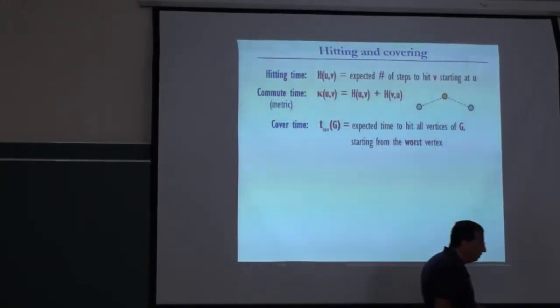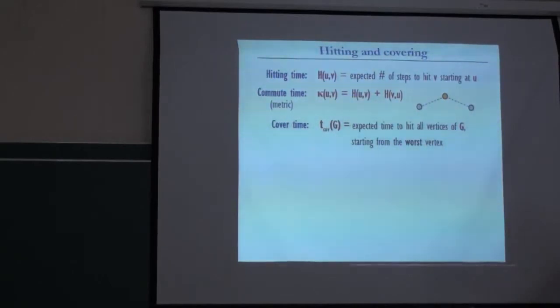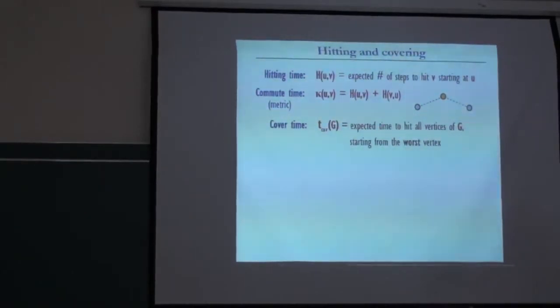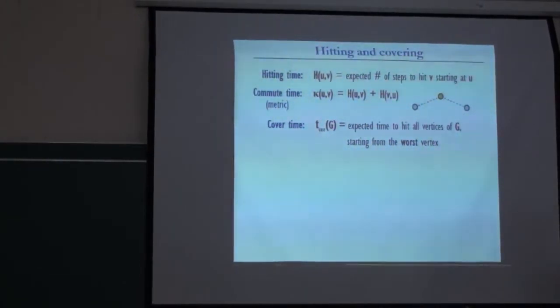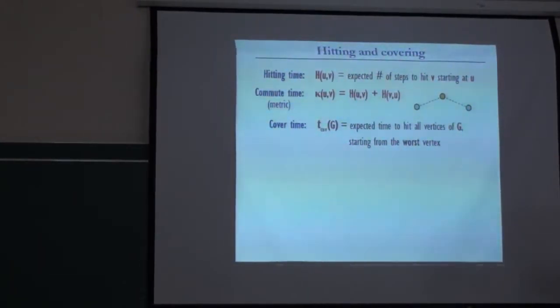So obviously the hitting time from u to w is bounded by the hitting time from u to v plus the hitting time from v to w, right? Because that's one way to go. So they satisfy a triangle inequality, but they're not symmetric, as you can easily see; even if the transition matrix is symmetric, the hitting times are not.